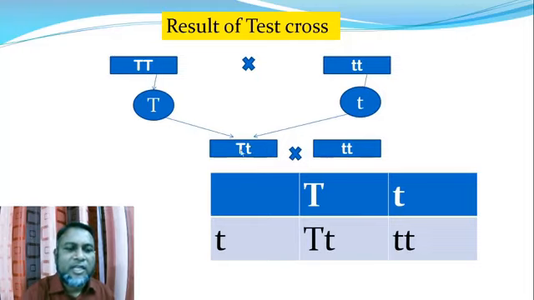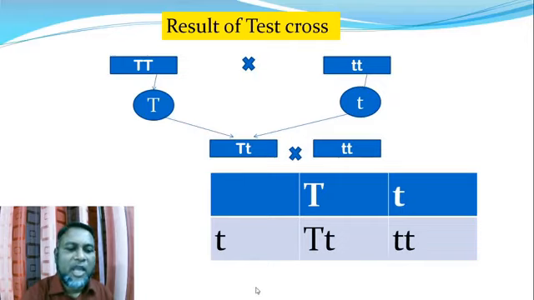From this heterozygous plant, two kinds of gametes are produced, capital T and small t. From the homozygous plant, one kind of gamete is produced, only small t. When capital T and small t are crossed, they produce capital T small t, which are tall plants.